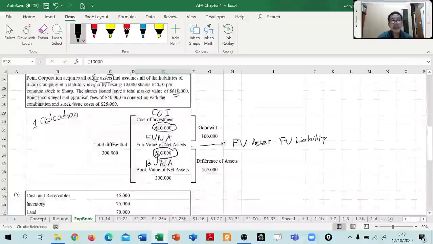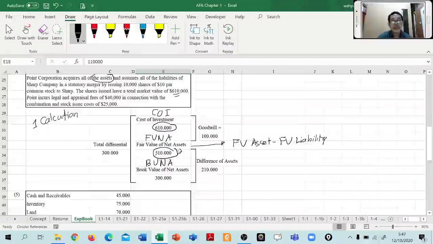Okay, we get 510,000. Next, book value of net asset. We make that calculation. Book value of net asset comes from book value of asset minus book value of liability.